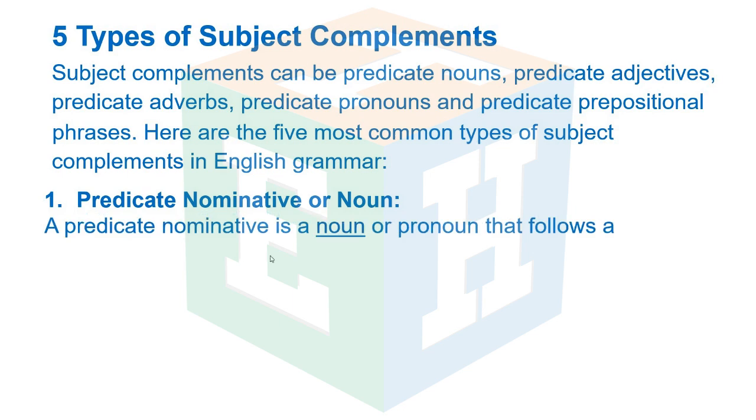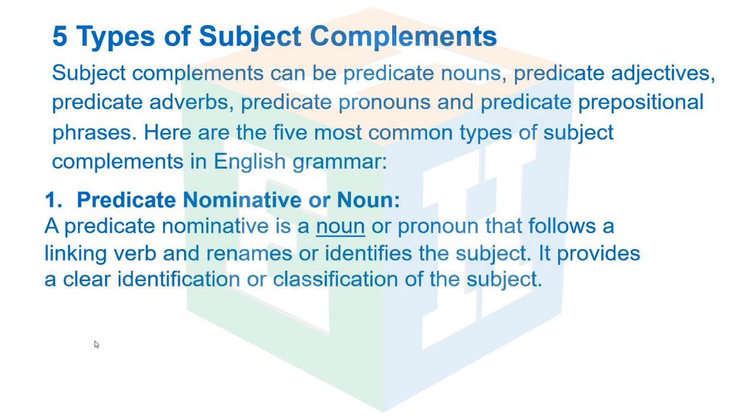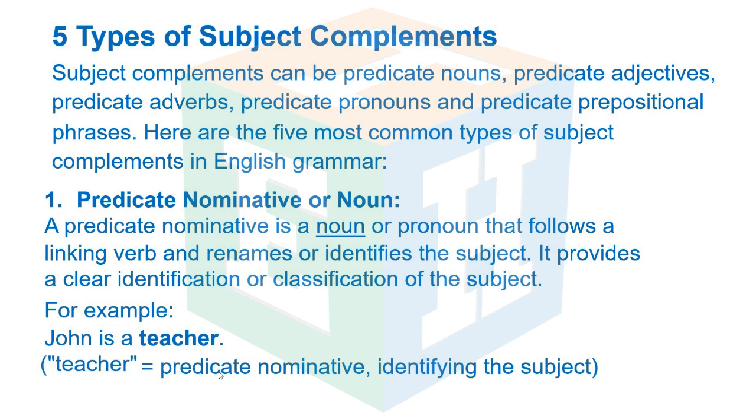A predicate nominative is a noun or pronoun that follows a linking verb and renames or identifies the subject. It provides a clear identification or classification of the subject. For example, John is a teacher. Teacher is a predicate nominative identifying the subject.